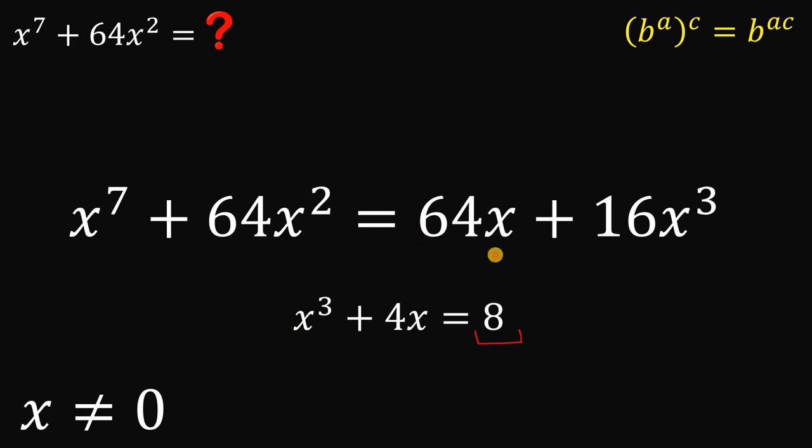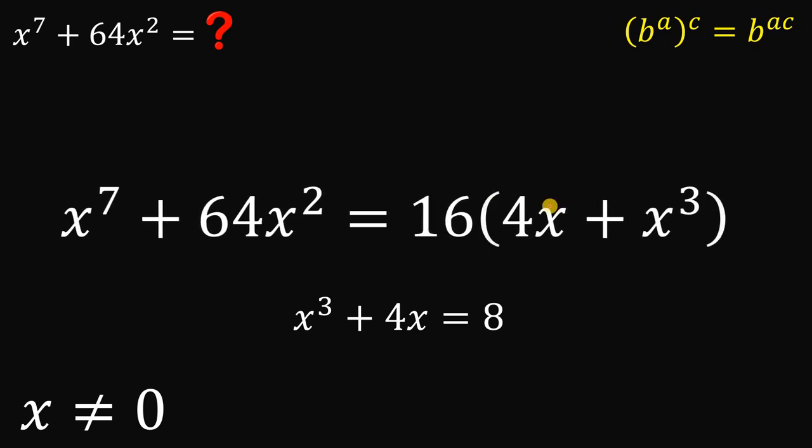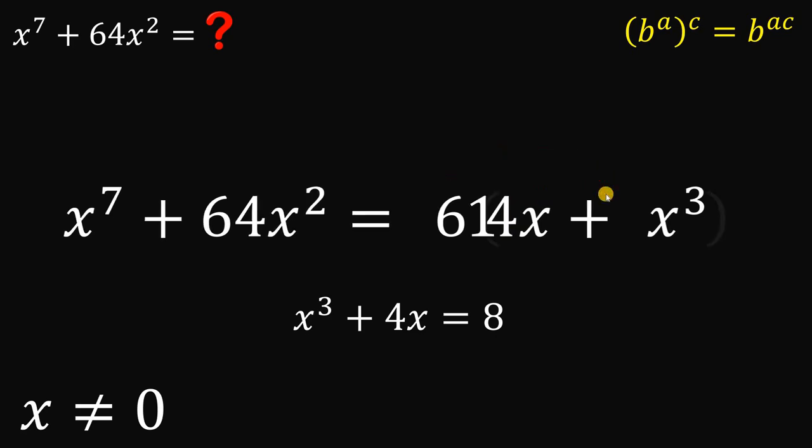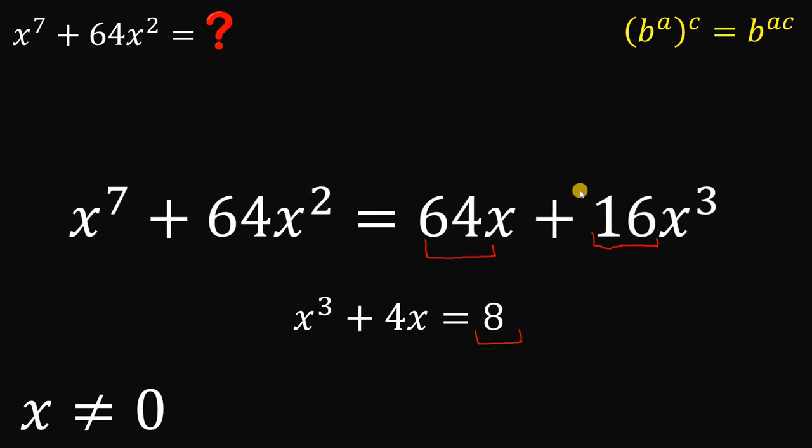And notice, if we factor out 16 on these two terms, this will give us 16 times 4x plus x cubed. Take note, 16 times 4x will give us 64x, and 16 times x cubed is just 16x cubed. So we go back to our original terms. So again, let's have the factored form.